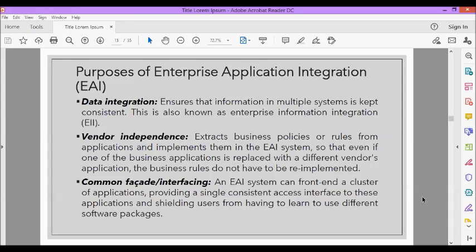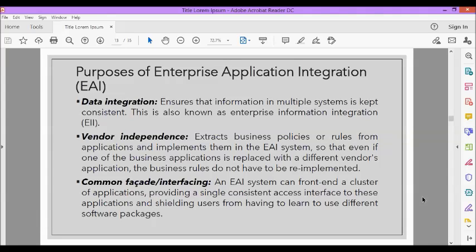So instead of customizing an application with business rules, the organization instead customizes its EAI system with business rules and policies, making it easier to swap out enterprise applications and choose new vendors when necessary.